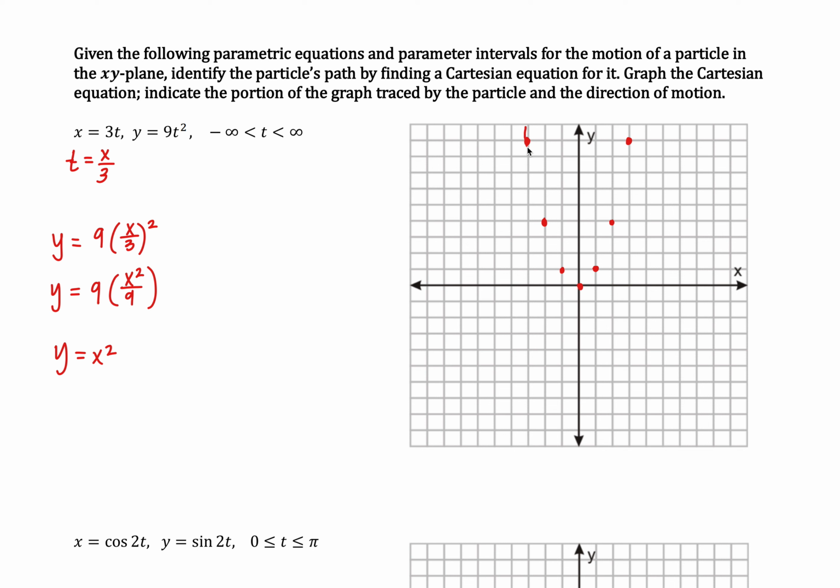So I'm going to go ahead and just try to connect my dots as neatly as possible. Again, I don't have a starting or an ending point, but we do have a direction of motion. As t is negative, we're looking over here, so it's going to be moving down this way. And as t moves into the positive, we're going up this way. So we do have a direction of motion, which I'm just indicating with these little arrows. So the motion would come from the top left, follow it down, and then go up.